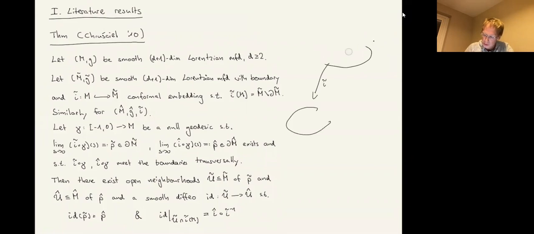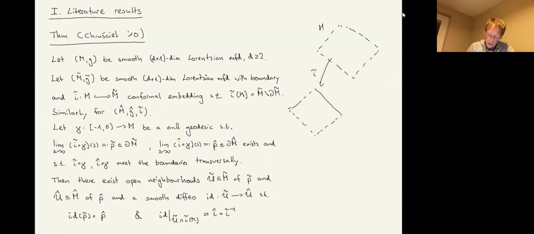So let's say this here is the manifold M, and we have a conformal embedding iota tilde, which attaches a boundary to the spacetime, but such that we only attach a boundary to the spacetime.